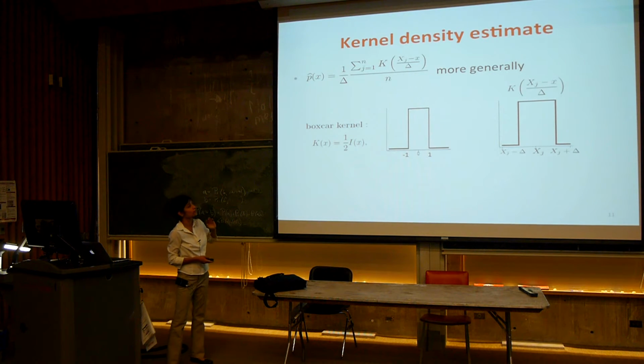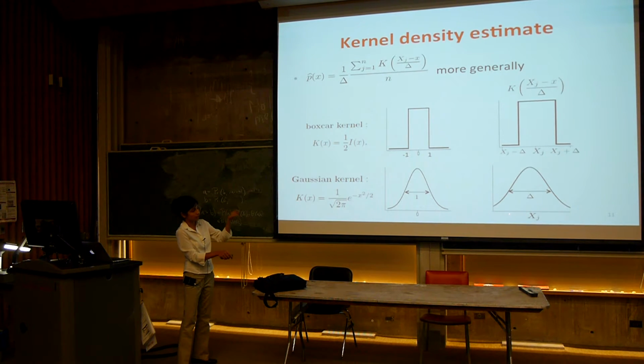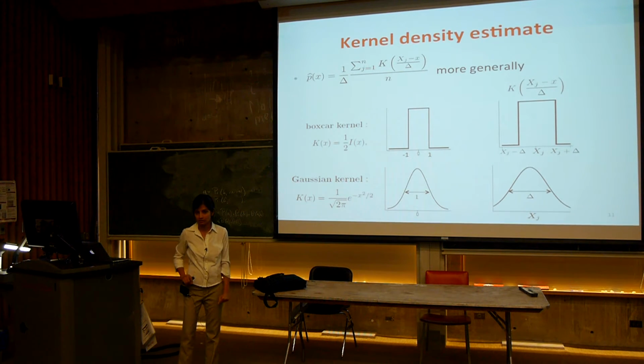So boxcar kernel is a special case of this, but then you can have other kernels. You have looked at the Gaussian kernel before, so we can use a Gaussian kernel here as well. And again, this is the kernel when defined as centered at 0 and with a default variance of 1. But then when we plug it in here, we want to compute how far a point xj is from x. So we can center it at xj and use a bin width of delta. So we are again scaling it up and shifting it.